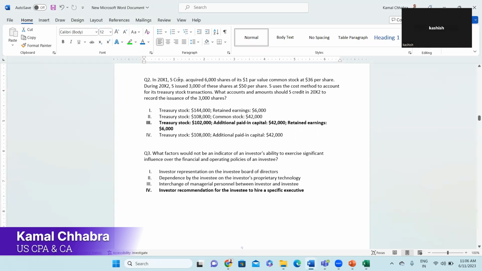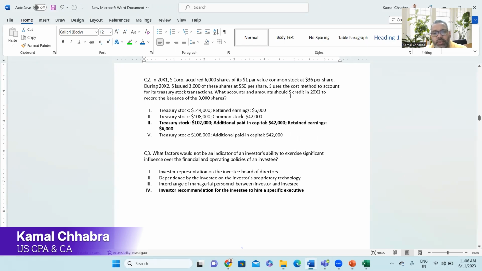Sir, in 2001, S Corporation acquired 6,000 shares of its $1 par value common stock at 36. In 2002, S issued 3,000 of these shares at $50 per share. S used the cost method to account for the treasury transaction.